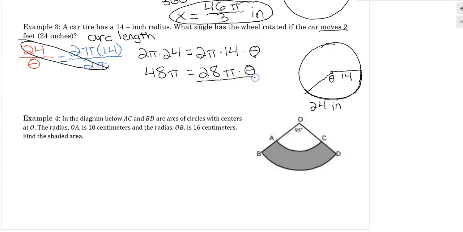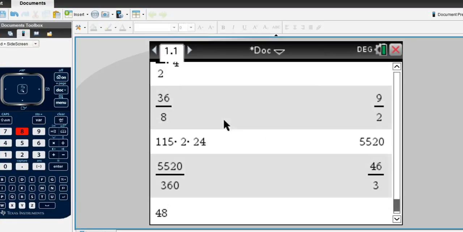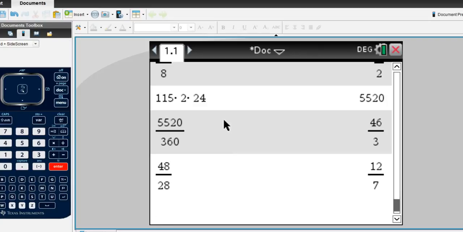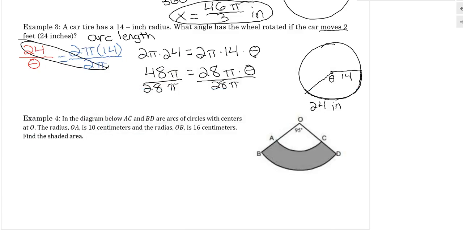And I am just going to divide by 28 pi. So 48 divided by 28 is 12/7, and the pi's cancel out. So my angle is 12/7 radians.